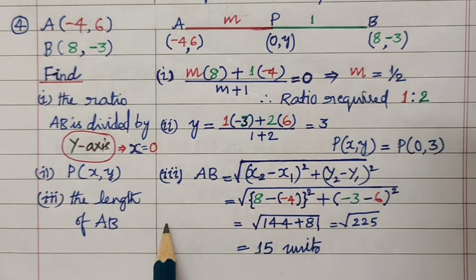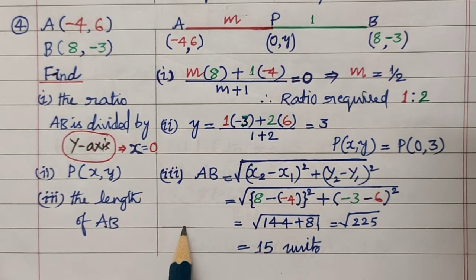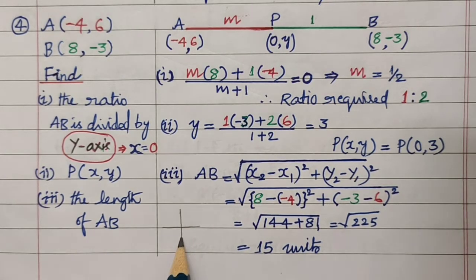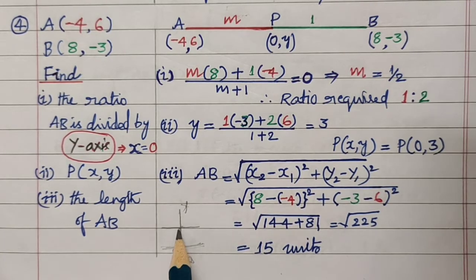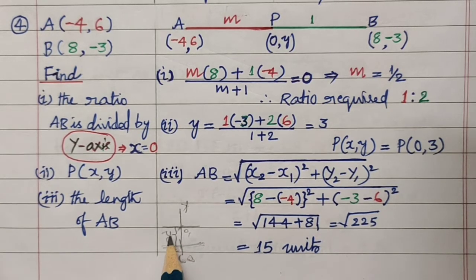If this is a line AB, and it is divided by the y-axis, this coordinate of x is going to be 0. This is the x-axis, this is the y-axis. The value of x is 0, and this length is y.